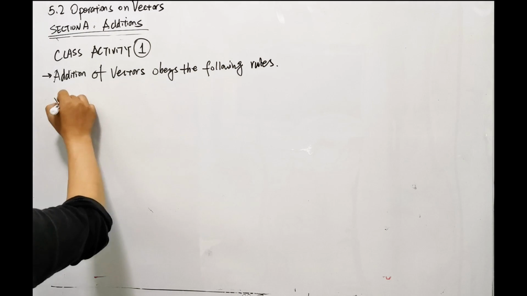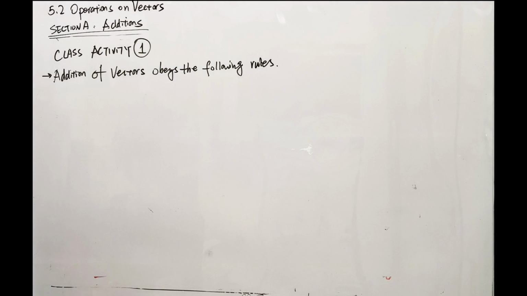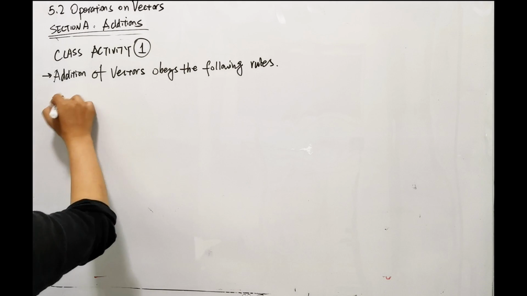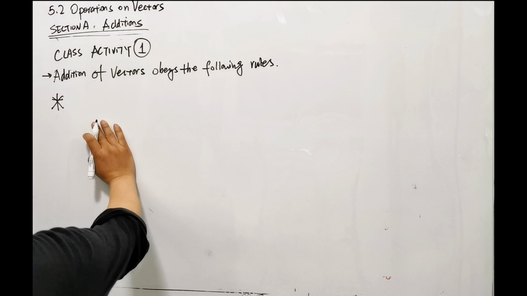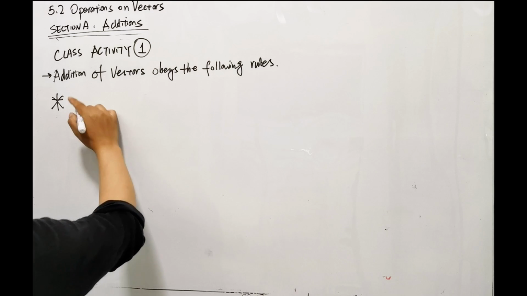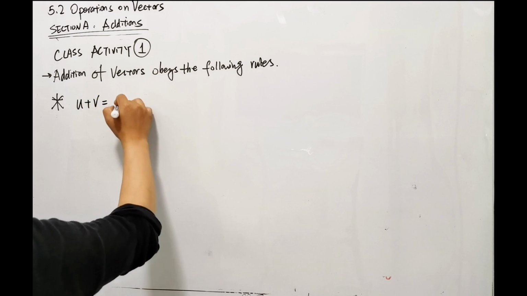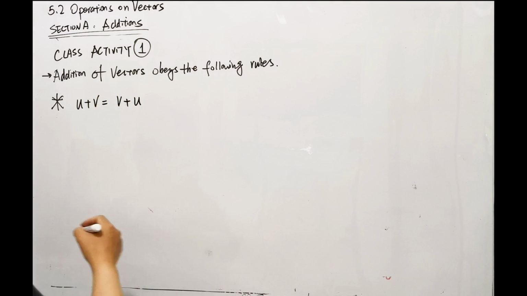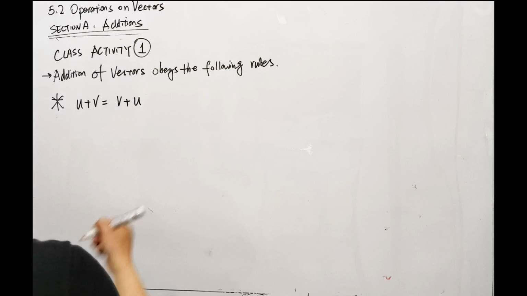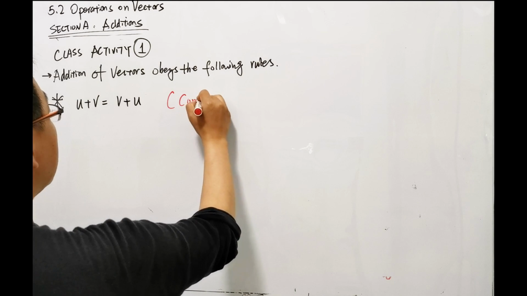The first one, the most important one: if we have vectors u, v, w, then u plus v equals v plus u. We also call this the commutative law.